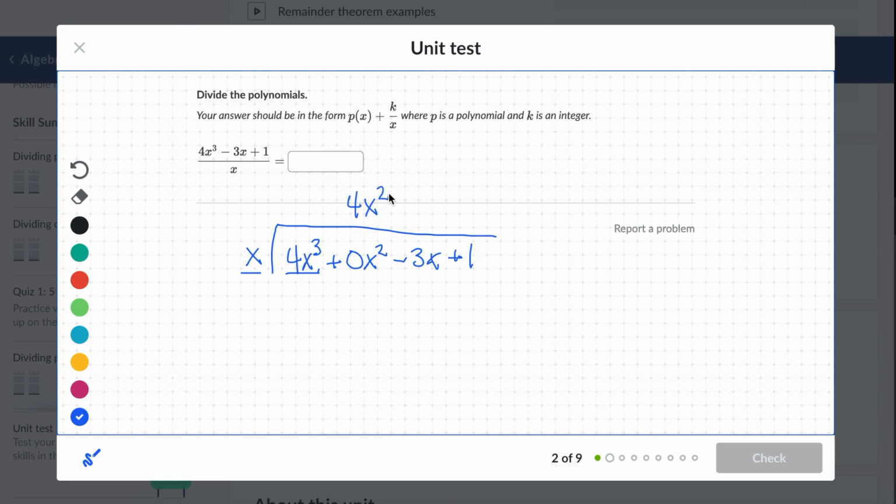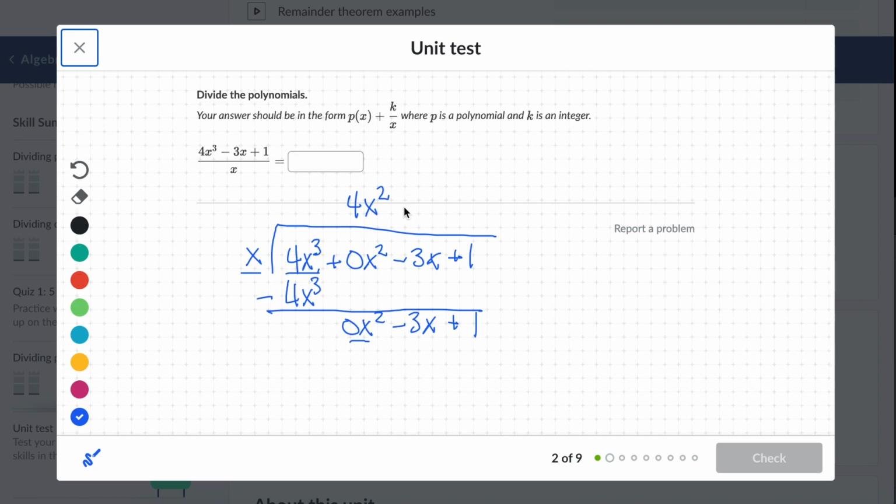And now we're going to multiply. And that's actually it. Now we're going to subtract. Now we have the first term, 0x squared divided by x. 0 divided by anything is going to be 0. So it's going to look kind of weird, but just go with it for now.